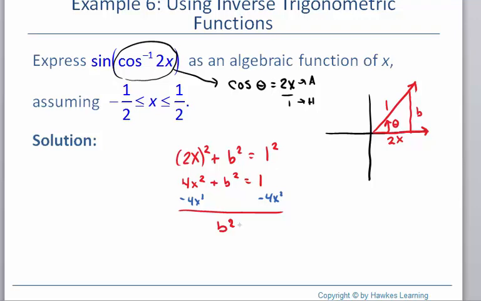And I have b squared is equal to 1 minus 4x squared. Solving for b means that I'm now going to take the square root of both sides. So b is equal to the square root of 1 minus 4x squared. All right, so let's put that on our triangle, and then we'll continue with our problem. So 1 minus 4x squared underneath the square root for our missing side.